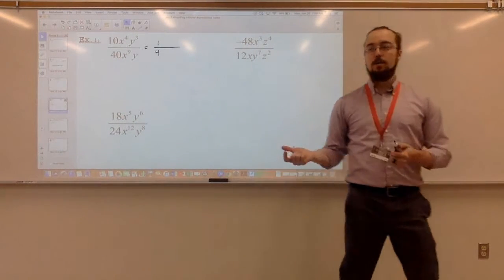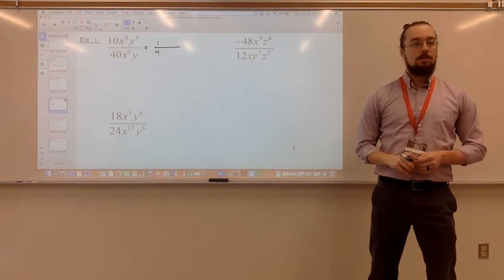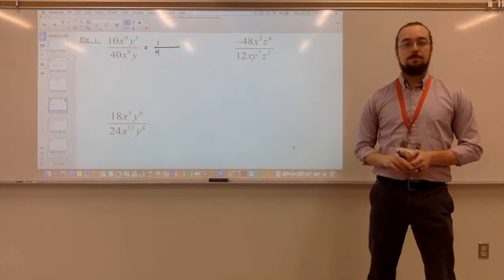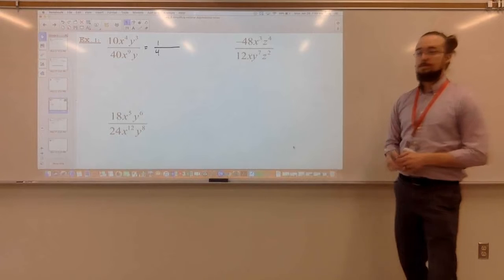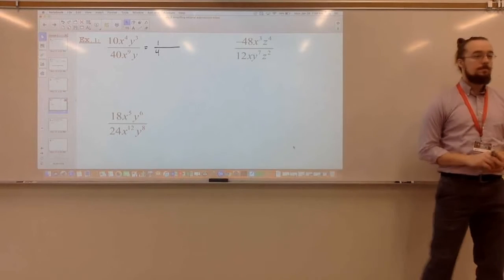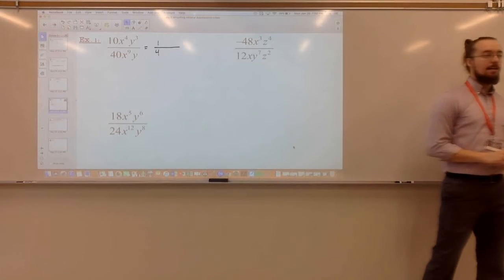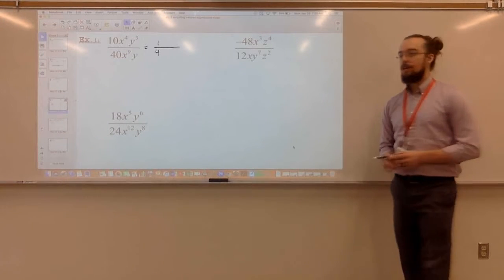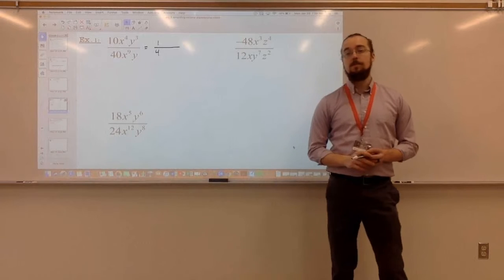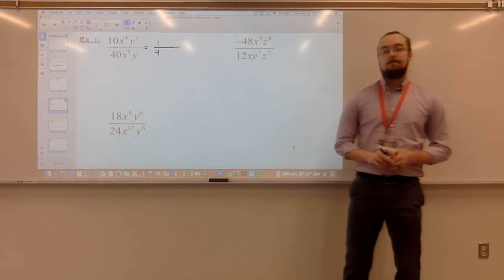How can I simplify the x's? I've got x to the 4th over x to the 9th. How can I simplify that? We just do something like 1 over 2.